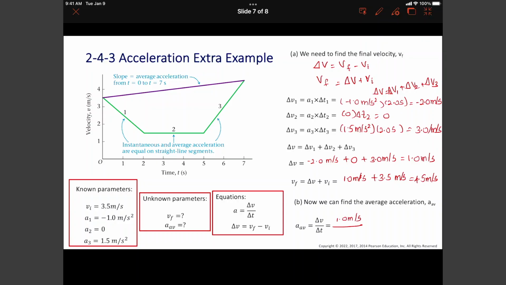We know that the cyclist accelerates up to 7 seconds. So delta t is 7 seconds minus 0, that means 7.0 seconds. So the answer is 0.14 meters per second squared. Likewise, you can find the average acceleration or average velocity from these types of graphs.